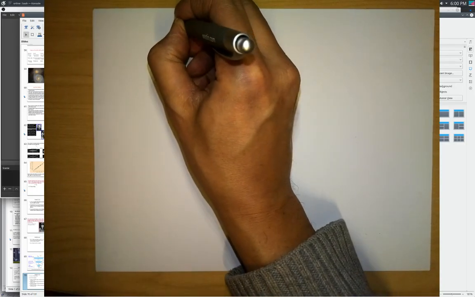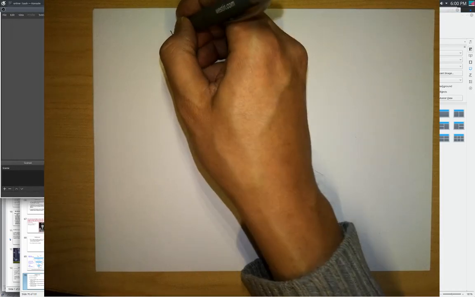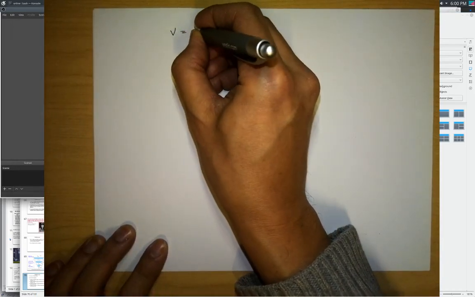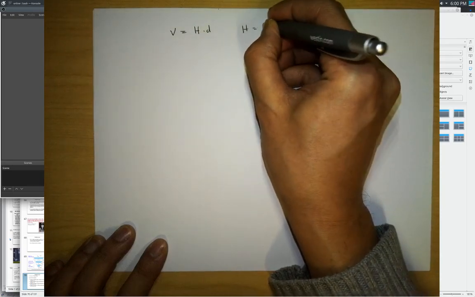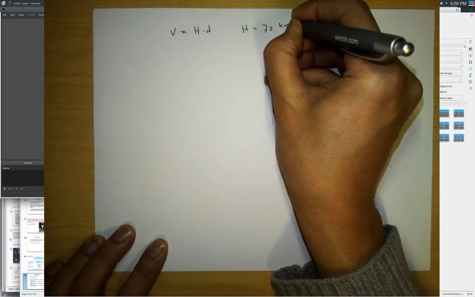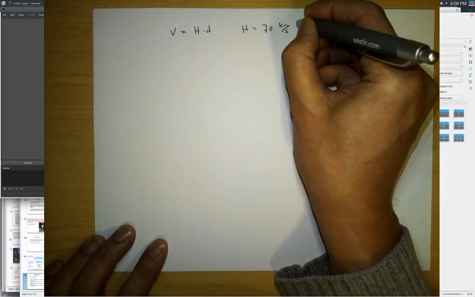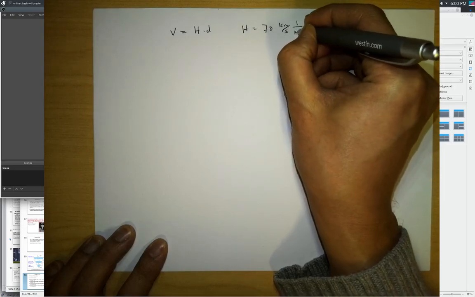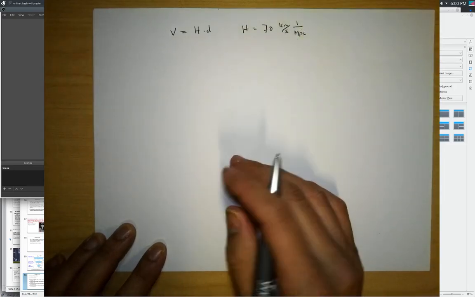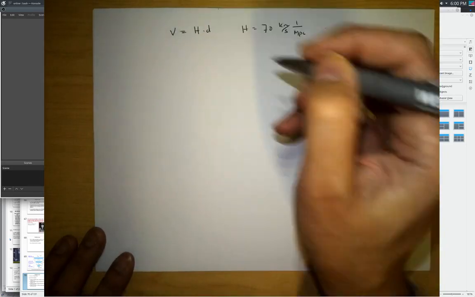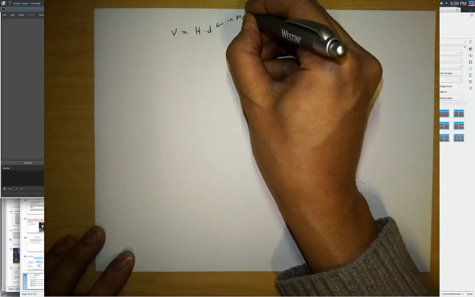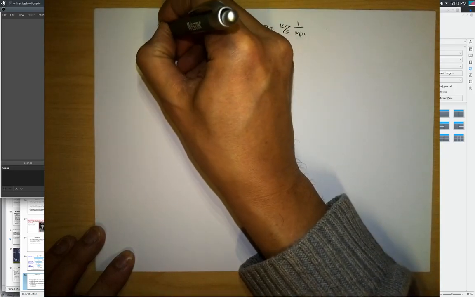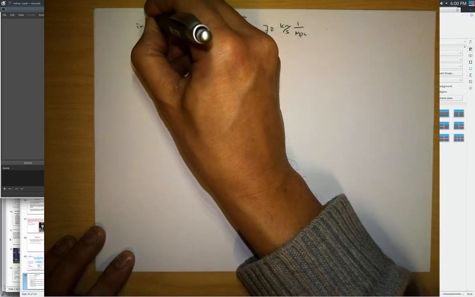V is equal to H times D. H is 70 kilometers per second per megaparsec, which I'll write as 1 over Mpc. D is in megaparsecs and V is in kilometers per second.